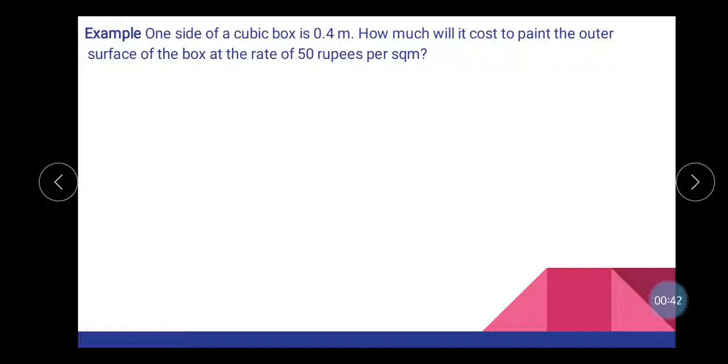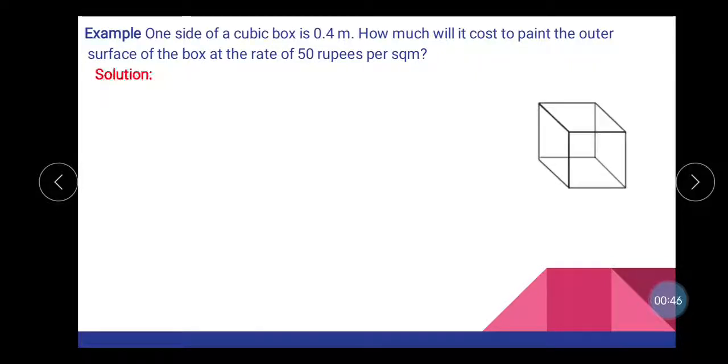So children, let's start with our sum. This is the cube box. Solution. Side, that is represented by L, side of the cubic box is 0.4 meter. Therefore, total surface area of the cube, that is this box, is equal to 6L square, the formula.